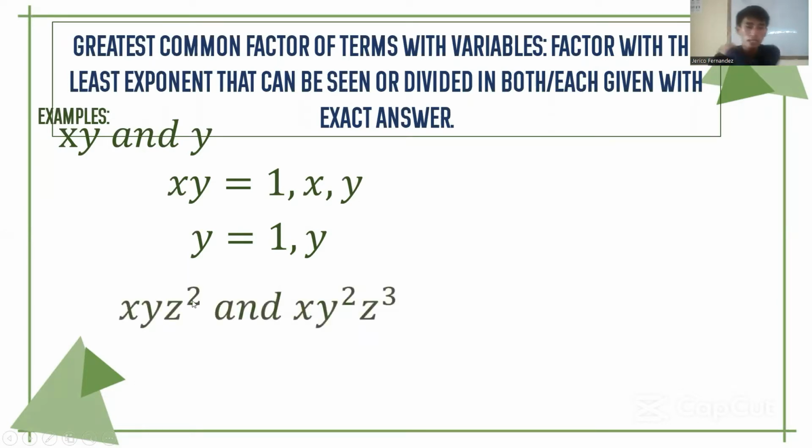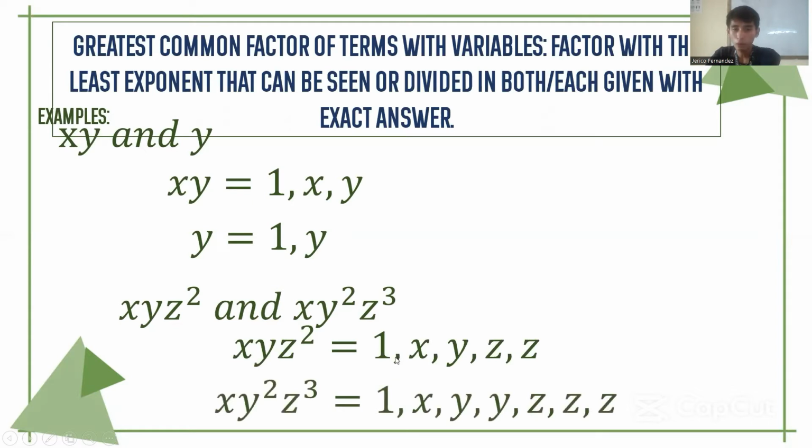We have xyz squared and xy squared z cubed. So here, the common factors are 1, isang y, dalawang z. Meaning, kung titingnan pa lang natin dito, ang common factor nila ay x, y, and z. So si x, since parehas naman 1, so isang x, common factor natin.